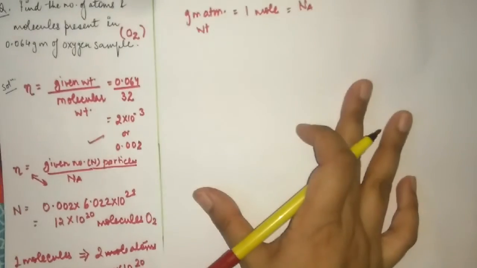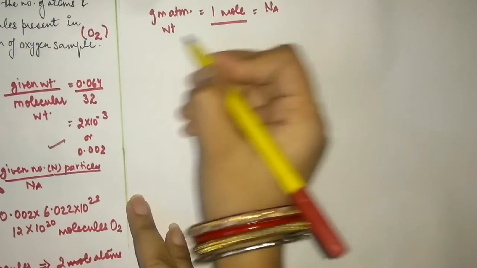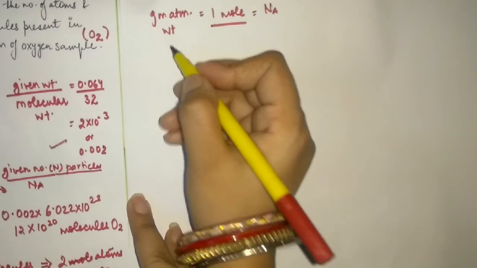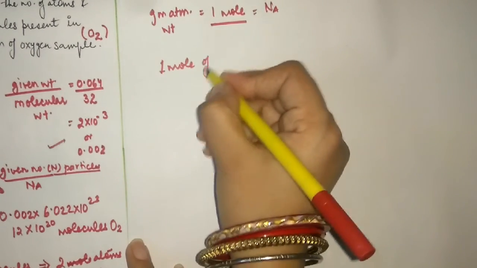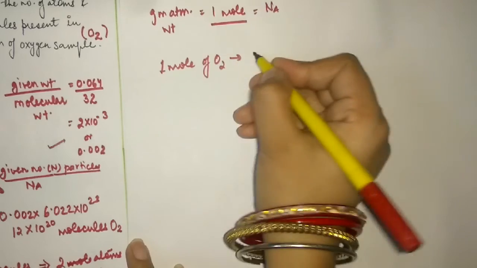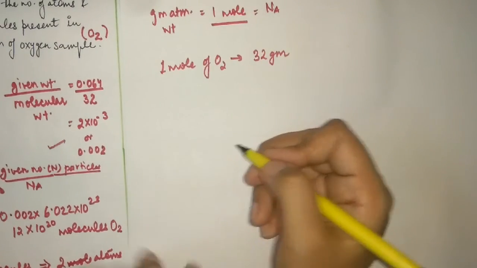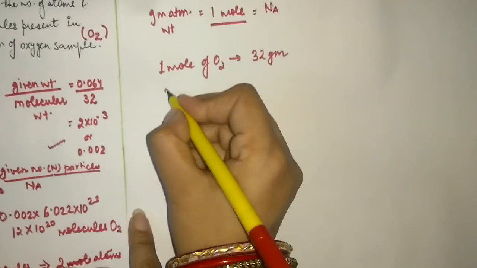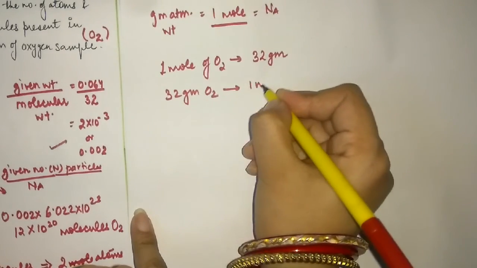You don't need to remember anything. Just look here. 1 mole will contain gram atomic weight. That means 1 mole of O2 will contain 32 grams. Yes or no? In other words, 32 grams of O2 contains 1 mole.